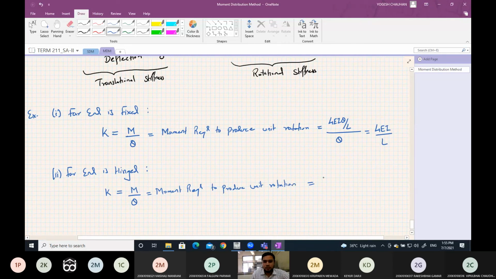So when far end is hinged, the applied moment M to produce theta rotation will be 3 EI theta by L divided by theta, so that will be 3 EI by L.